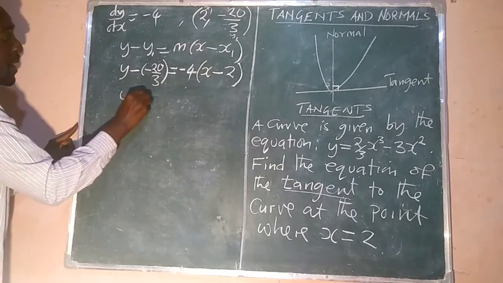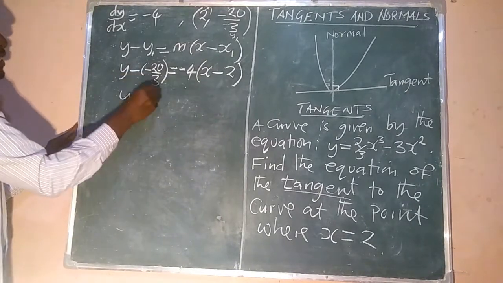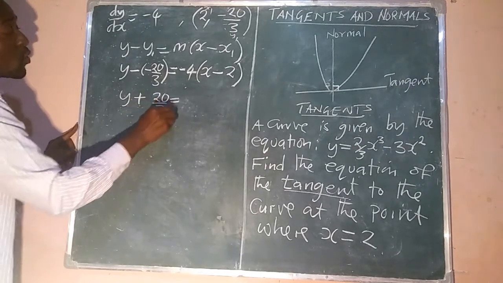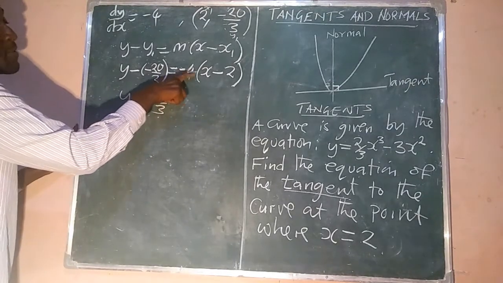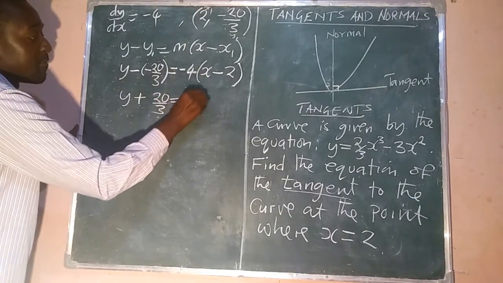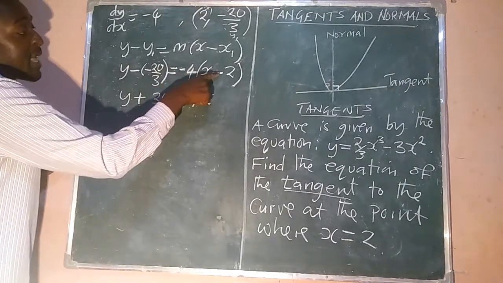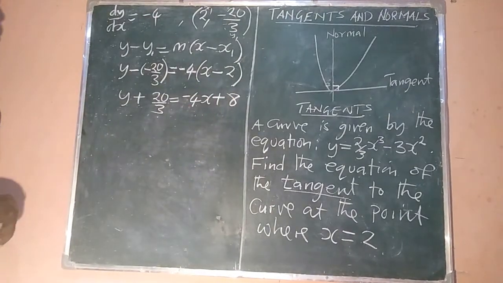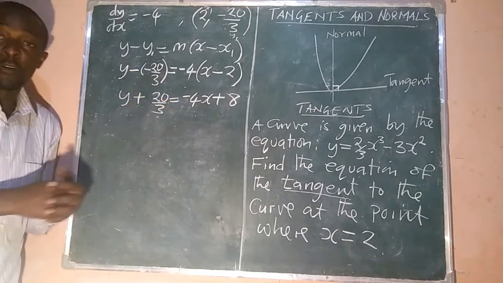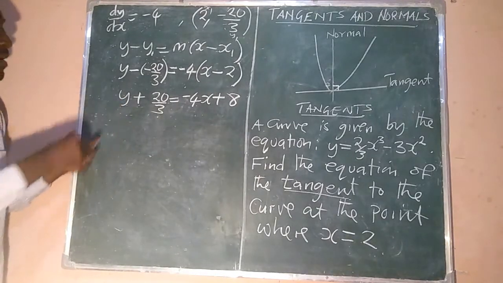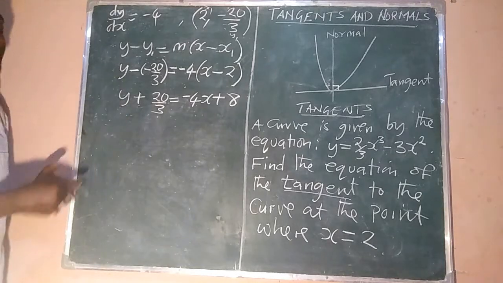We have y plus 20 over 3, because you multiply the two negatives, is equal to negative 4 multiplied by everything in there. Negative 4 times x is negative 4x, negative 4 times negative 2 is plus 8. Already here you have the equation of your straight line, written in the gradient-intercept form.